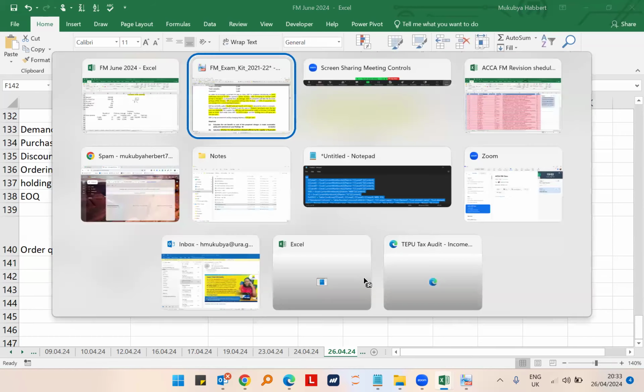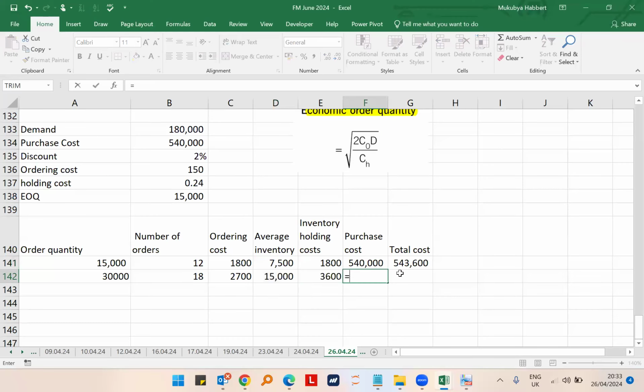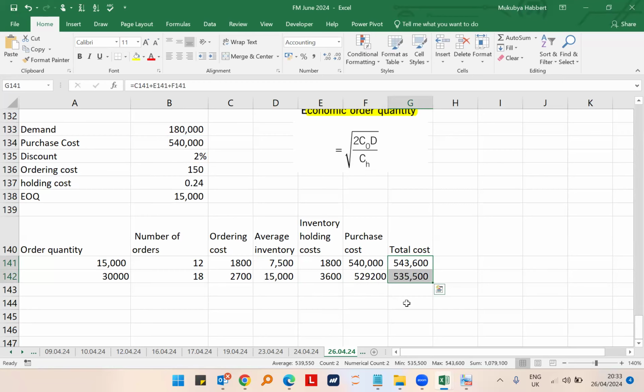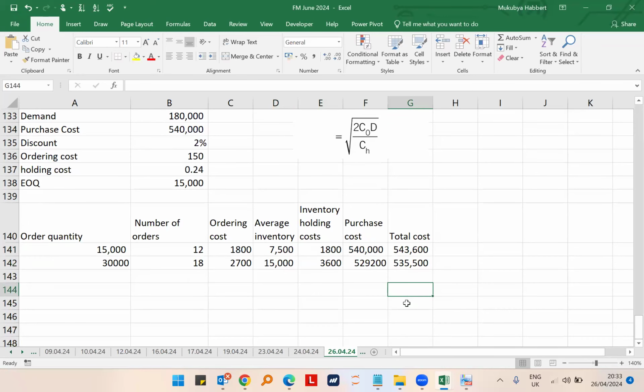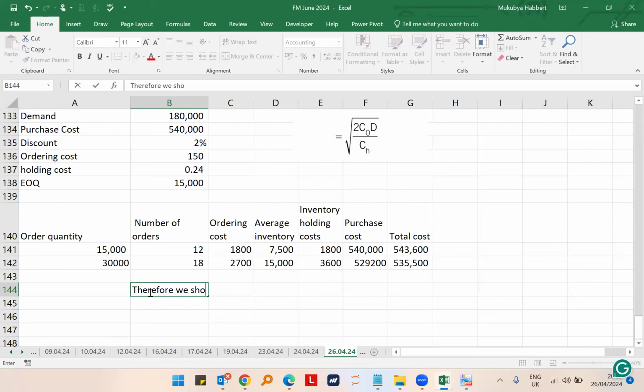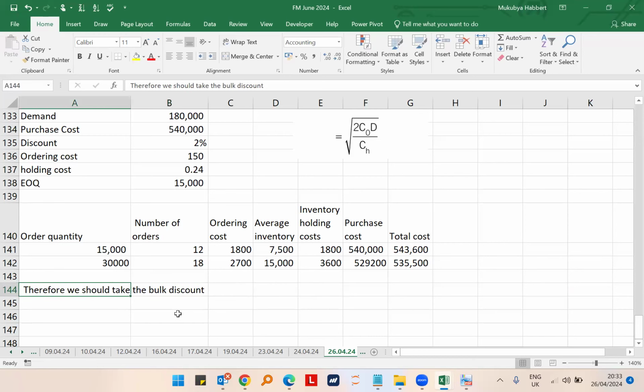Now they are giving us a 2% discount, which means that we are going to pay 540 multiplied by 1 minus 2%. So we shall be paying 529,000. And when you add everything, we are paying 535,500. Therefore, we should take the bulk discount. So we are taking the bulk discount because it's giving us the lowest cost of the two options.